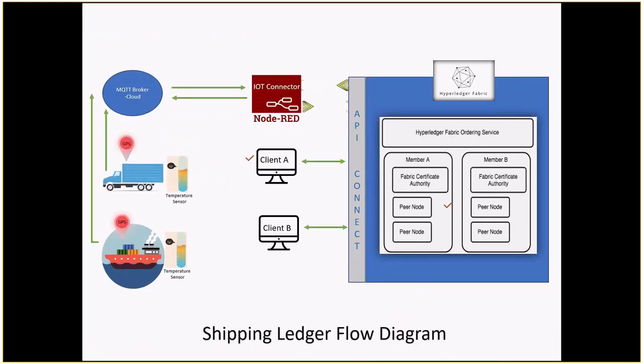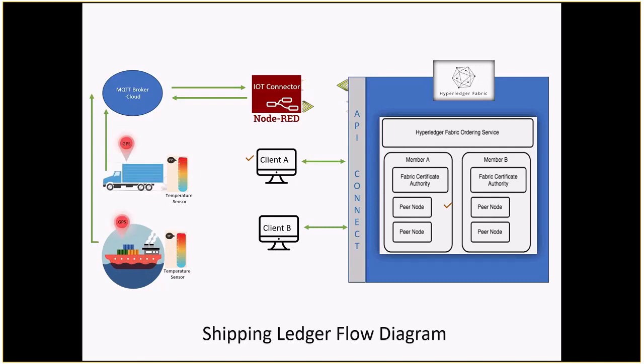So this is the flow diagram of the shipping ledger. If you see the ships and the trucks over here, these ships and trucks are called loaders in my application.